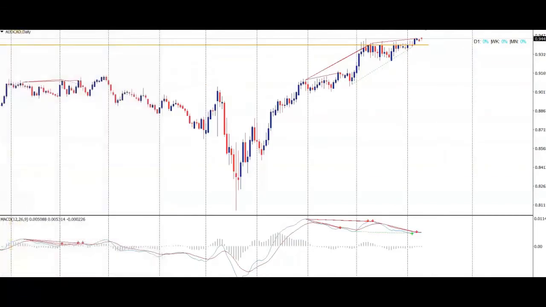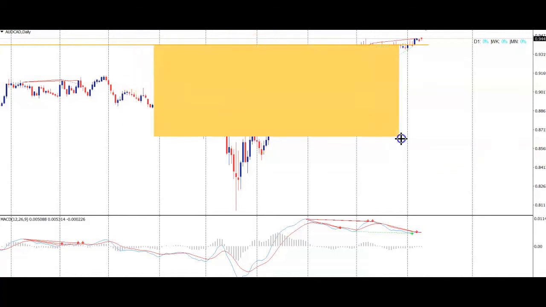And where I'm looking to sell this is, so we'll just get the text up here. I'm looking to sell AUD at 0.95.